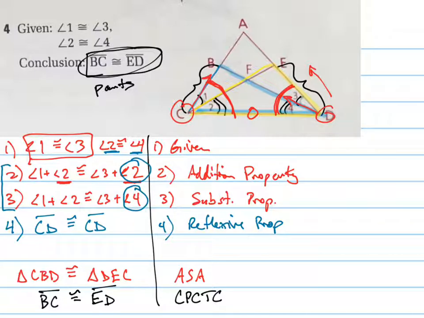So now I have an angle. Well, I can be a little bit more specific about this right here. Again, your teacher may or may not want you to write this specifically, but what do angle 1 and 2 add up to? They add up to the angle DCB. That's that angle right there. 1 and 2 add up to DCB, right?